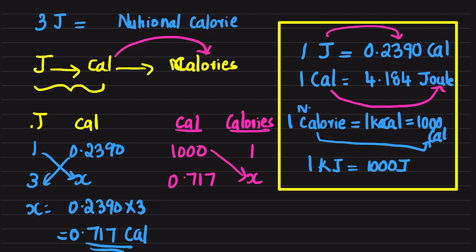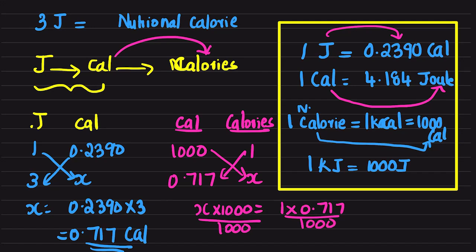Cross multiplying, x times 1000 equals 1 times 0.717. Divided by 1000, divided by 1000, we are getting x equals 0.000717. This much is the calories.